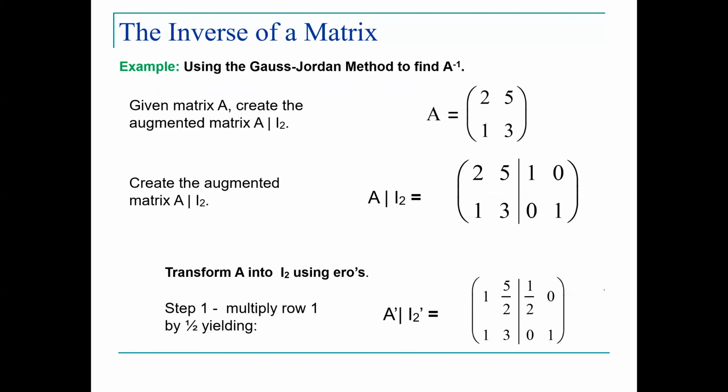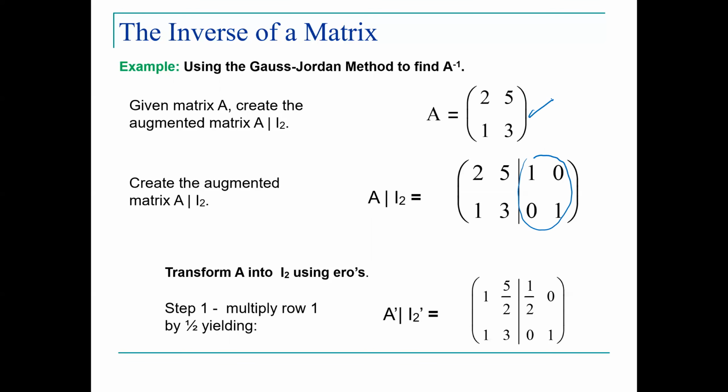So for example, using the Gauss-Jordan method to find A inverse, given matrix A, create the augmented matrix A I2. So we're basically adding this identity matrix to the right of this matrix.